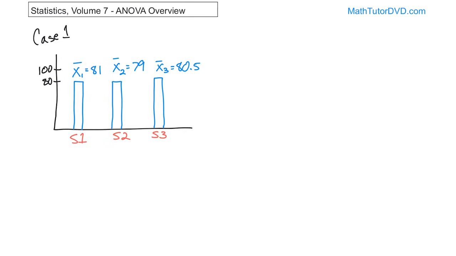So if you remember back, the null hypothesis is basically that the mean from school number 1 of all students is equal to the mean of school number 2 of all students is equal to the mean of school number 3 of all students. That's the null hypothesis. The alternate hypothesis is at least one mean different.